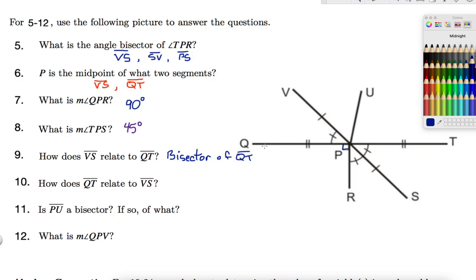How does QT relate to VS? Okay, let's kind of switch the wording on it. Well, because of these congruent symbols here, we know P is also the midpoint of VS, so it is a bisector. So they bisect each other.